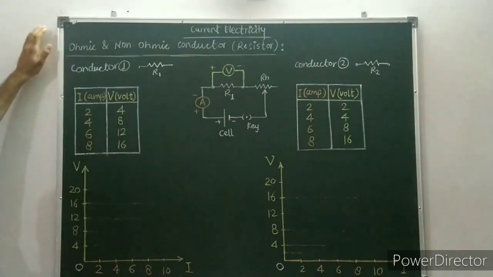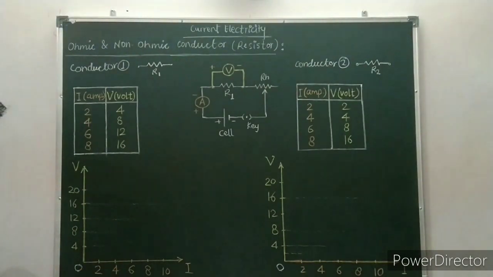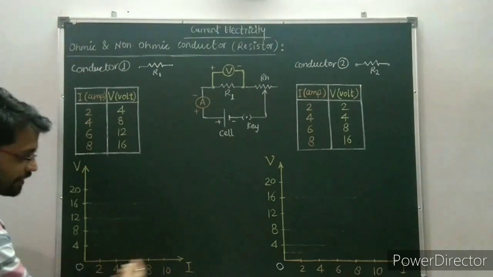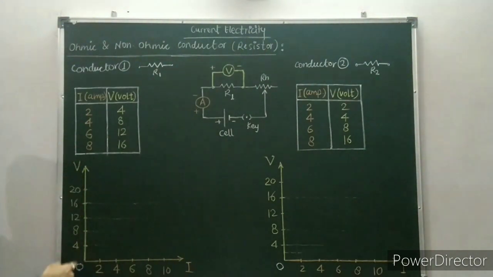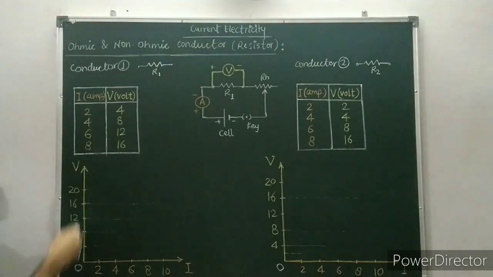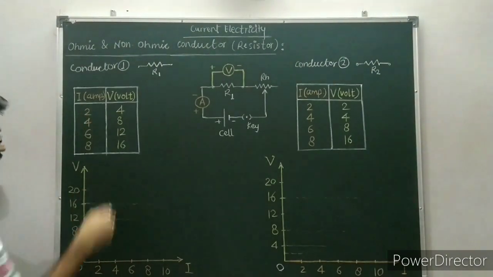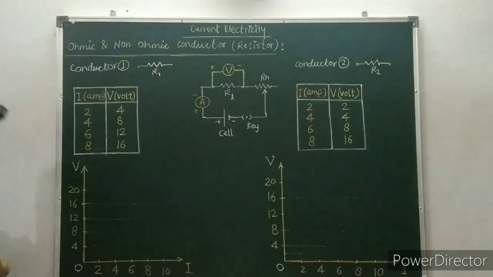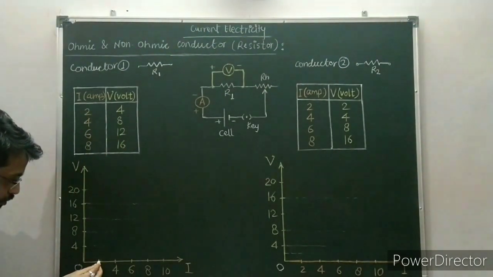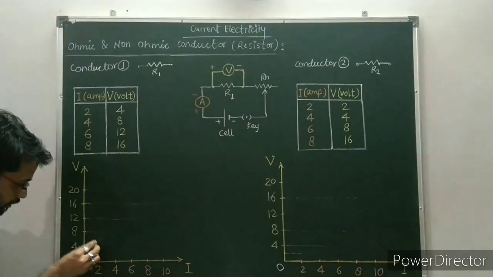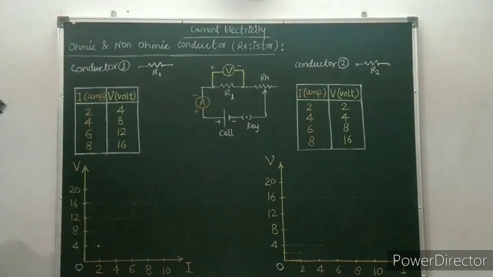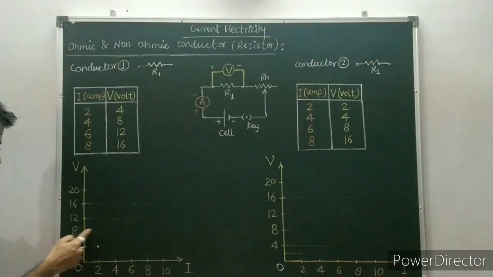This is the graph. This is the current axis and this is the potential difference axis. Now plot these values on this graph. When the current is 2, potential difference is 4. The point will be here. Now the second point, 4, 8.